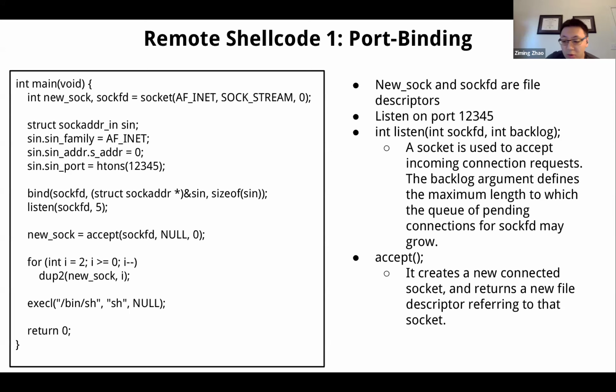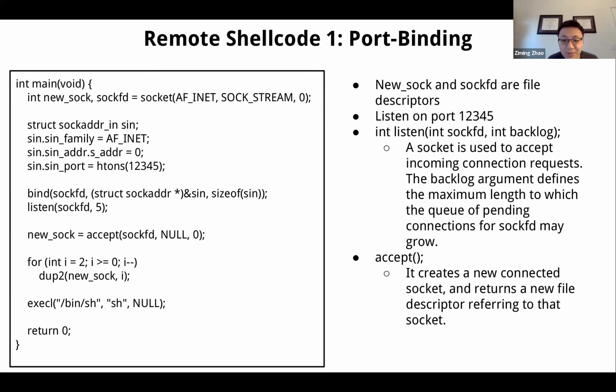To do that, we call the function accept. All of those functions, socket, bind, listen, and accept, have a corresponding system call. And we already know how to write system calls in assembly, right?